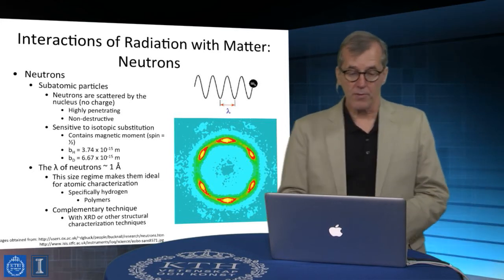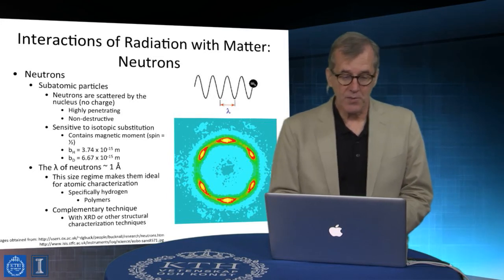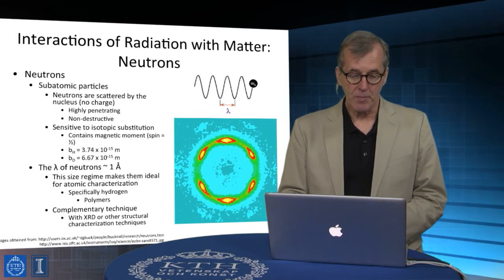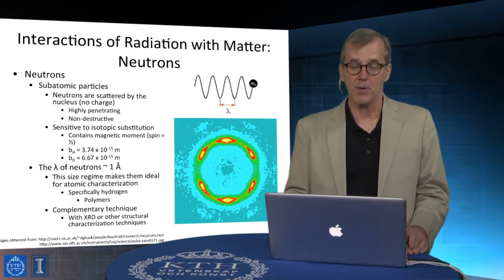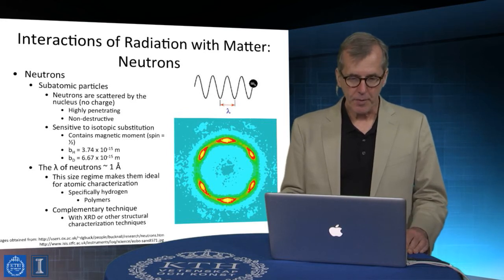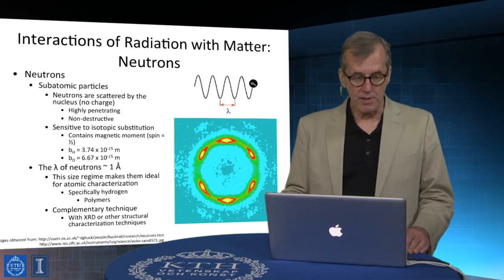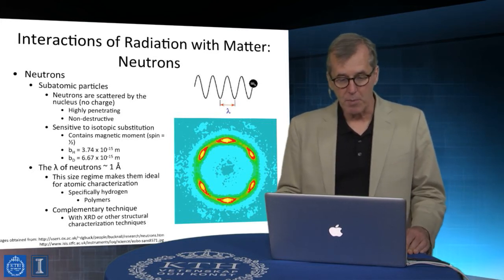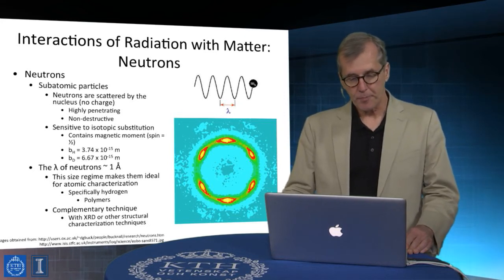One very powerful methodology, and one that requires some degree of sophistication to perform measurements of this type, due to the fact that the probe particle in this case is a little bit more difficult to come by, namely the use of neutrons. Neutrons are, again, a very small low mass particle which possess very short wavelengths.